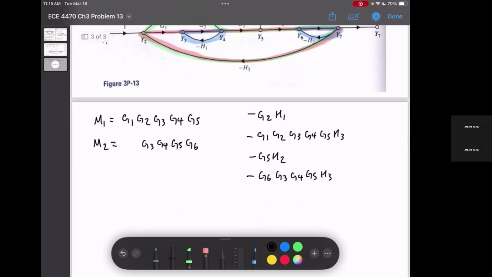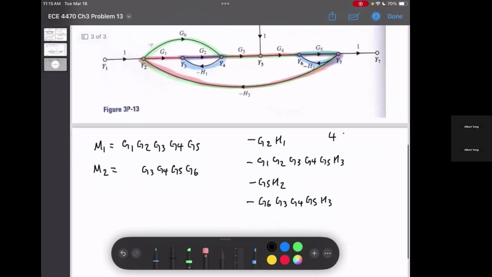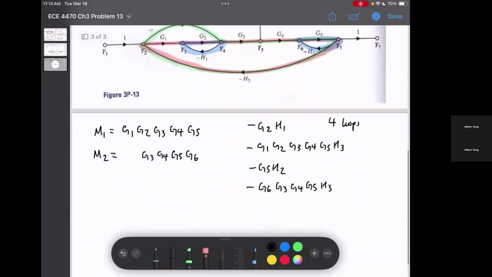Right, so once we make sure that we found all the loops, then we can just write the four loops. And then the summation is actually just going to be 2 because we have 2 forward paths.